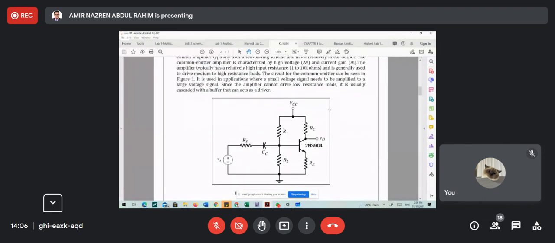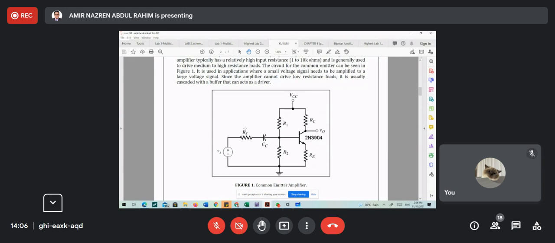Okay, this figure. It is used in applications where a small voltage signal needs to be amplified to a large voltage signal. Since the amplifier cannot drive a low resistance load, it is usually cascaded with a buffer that can act as a driver. Usually in this common emitter amplifier configuration, we put our input Vs, the voltage source, on the base side, and we produce our voltage output on the collector side.